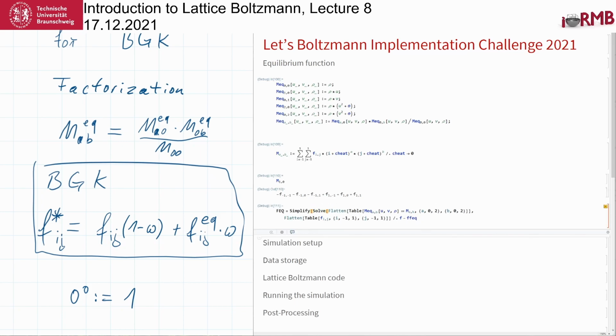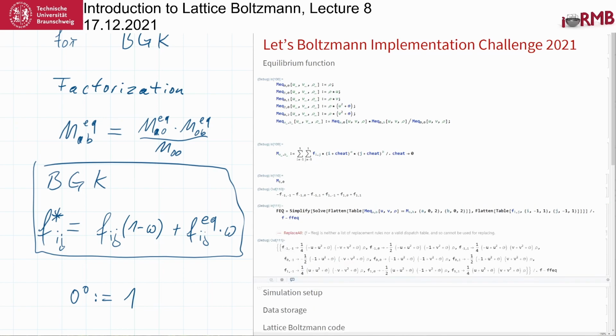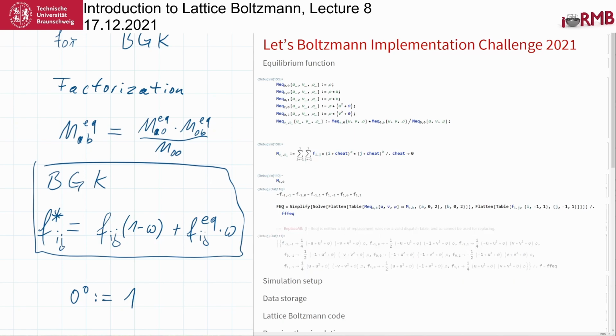So what happens? It doesn't work because I mistyped something. Flatten table. Yes, I did not close these brackets. And this has to be a substitution. So we substitute things by specifying that f will be substituted to f equilibrium.